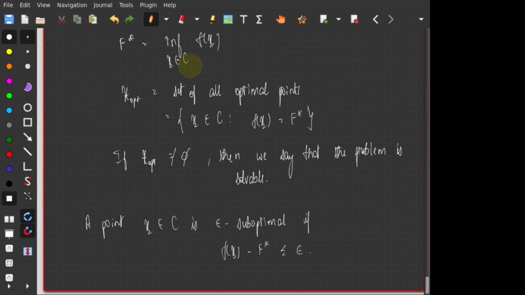It's minus infinity, right? But can you achieve f star? You can't, right? It's a problem that's not solvable. Can you get an epsilon suboptimal point? No, you can't. So this is an example where you cannot even achieve an epsilon suboptimal point.